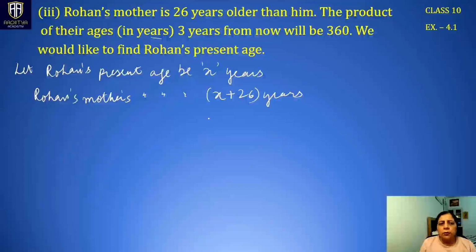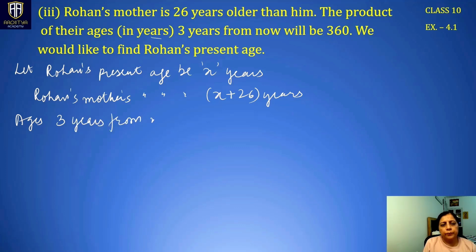Now he says the product of their ages 3 years from now. So he is not talking about the present ages. The product is given for the ages which are 3 years from now. Then Rohan's age will be whatever his age is; first of all, you have to add 3 to his age so that you get the age 3 years from now.